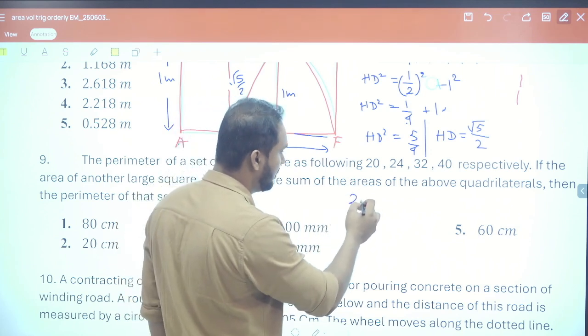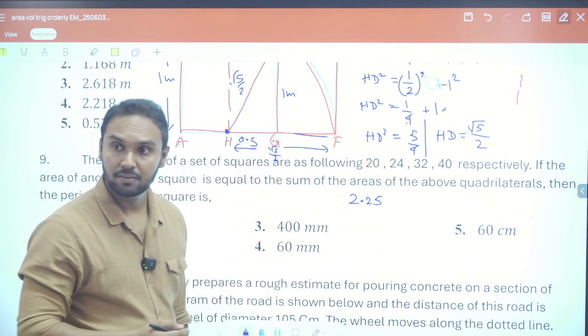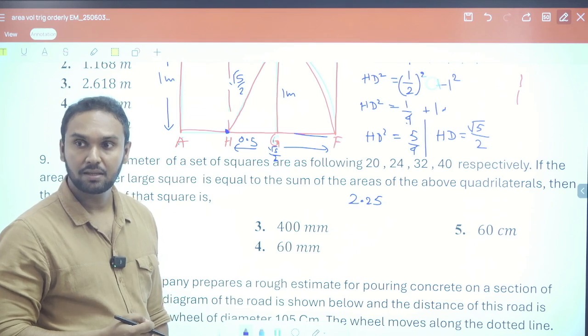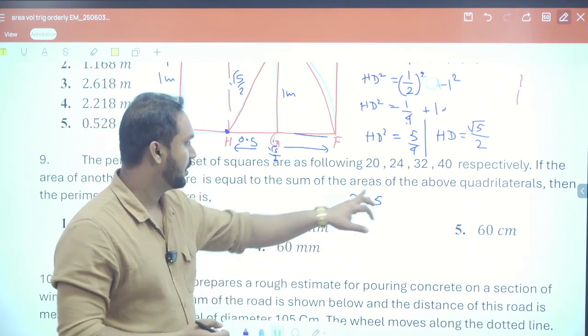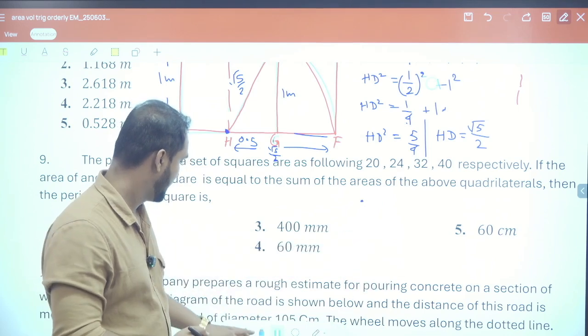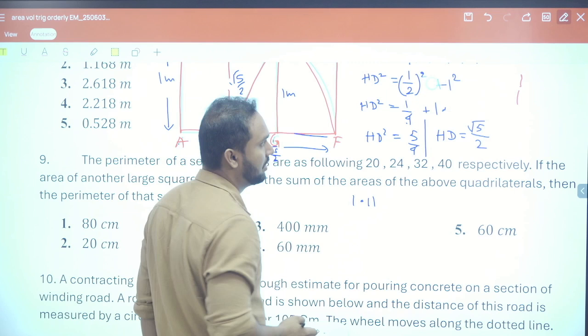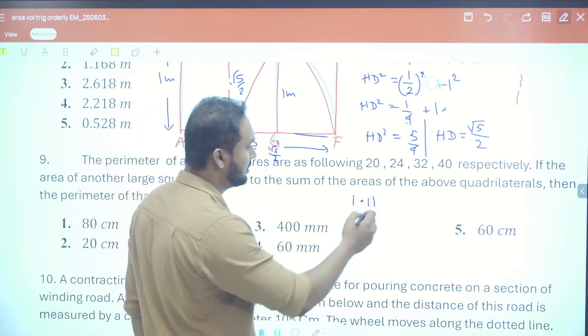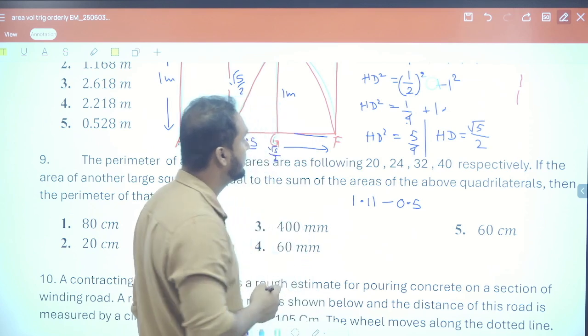2.25. Is it? Exactly? 1.1, 1.11. Now this is 1.11, and you have to deduct 0.5 from that. This is the DE value.